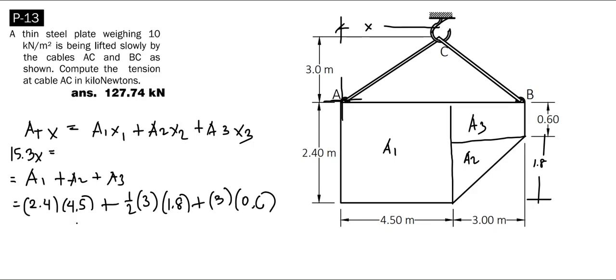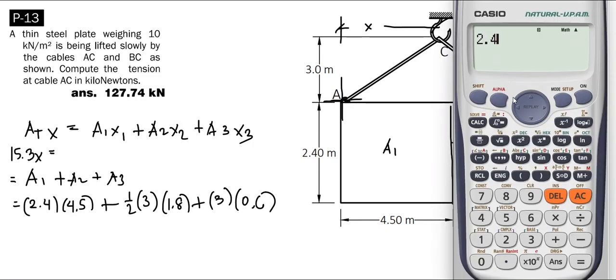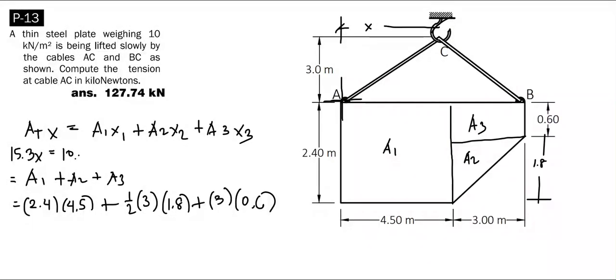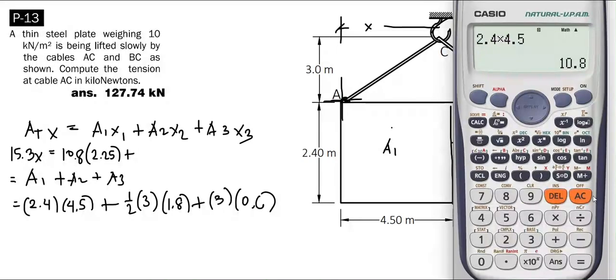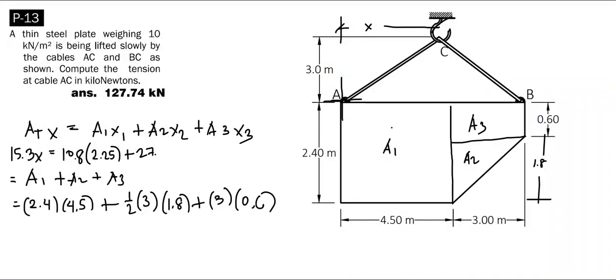For area 1, that's 2.4 times 4.5, which is equal to 10.8. The distance from the centroid to point A is 1/2 of 4.5, which is 2.25. For the second area, that is 1/2 of 3 times 1.8, equal to 2.7. The distance from its centroid to point A is 4.5 plus 1/3 of 3 meters, since the centroid of the triangle is 1/3 of the way from the base.